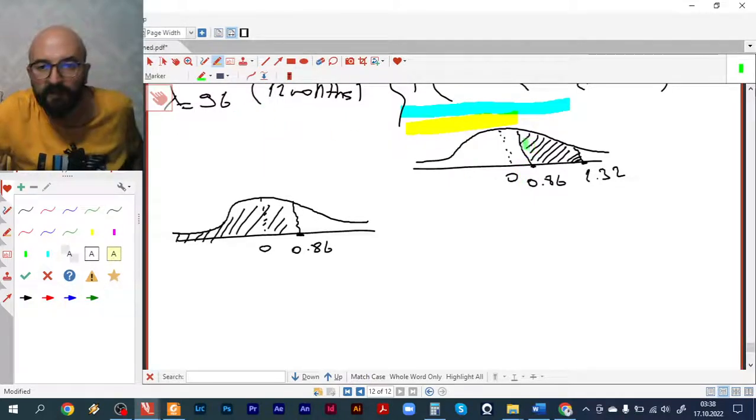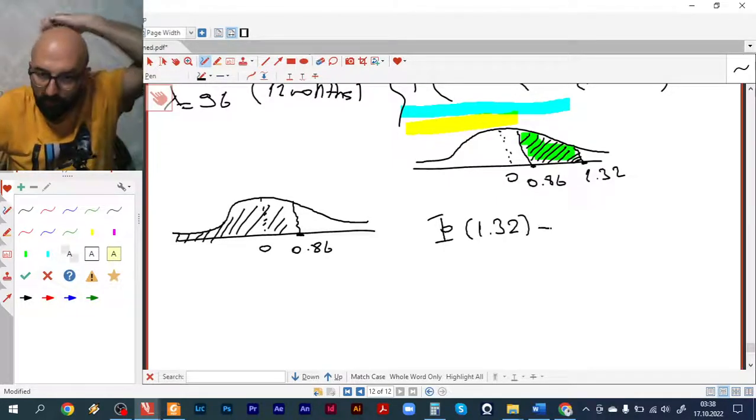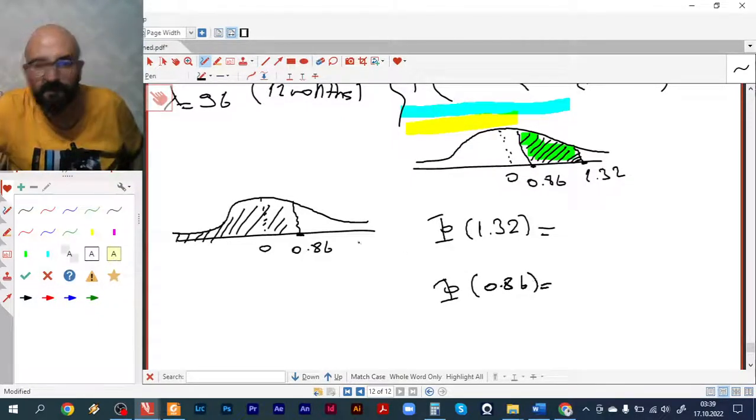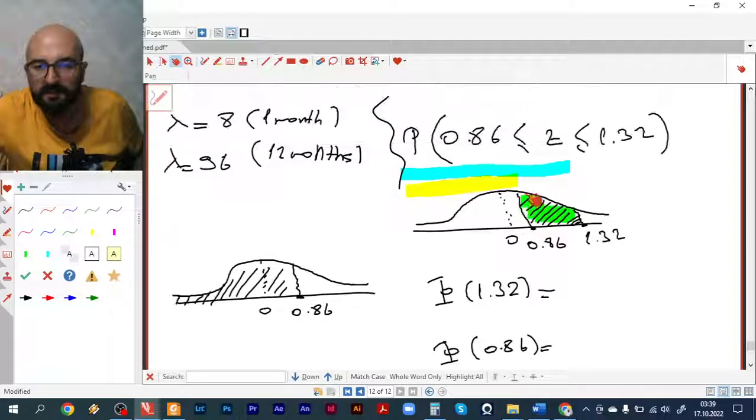Now I want to find 1.32 and 0.86 by using the z table.